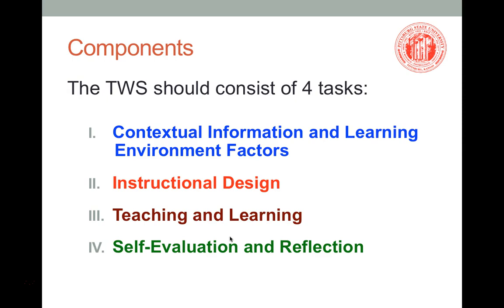The first one is looking at contextual information and the environment that you're teaching in. That is, you're going to look at your school, you're going to look at the specific class that you use, what sort of subgroups you have, and factors that you have.